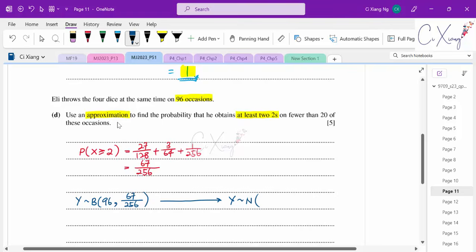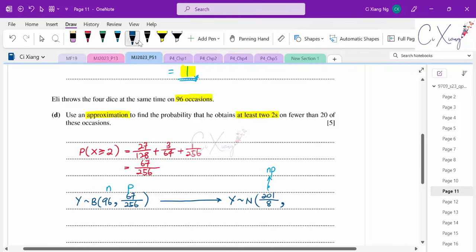So for the normal distribution, how can I get the mean? You can take the mean for the binomial, n times p. So when you take n times p, 96 multiplied by 67/256, you should get the fraction 201/8. Just to let you know, this is the n and this is the p.